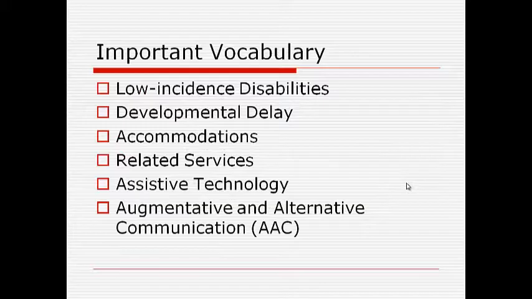So the important vocabulary are listed here, and I want to point out developmental delay in particular because that is a category that is usually designed to be fairly broad for students who are birthed to approximately age 7 prior to any real diagnosis of a disability.